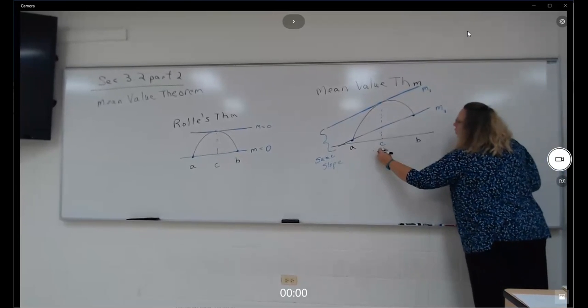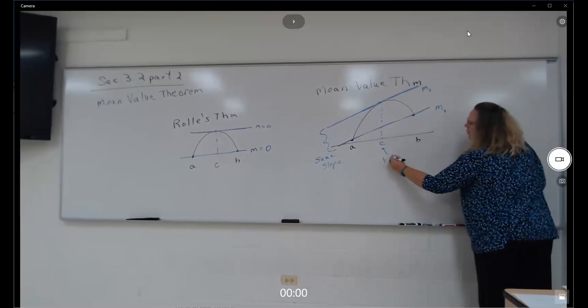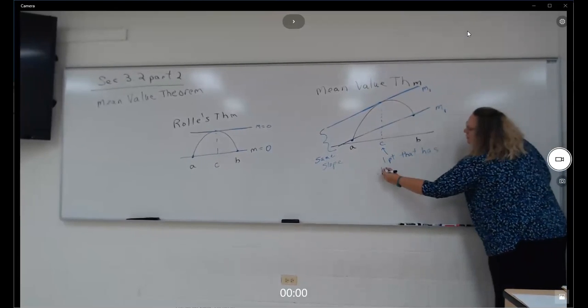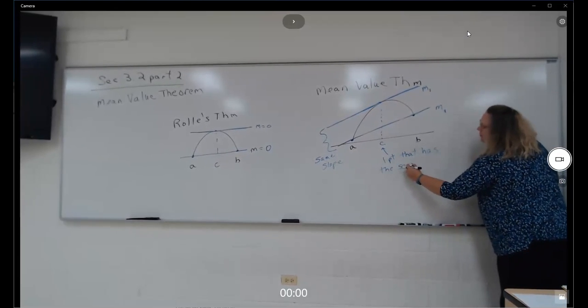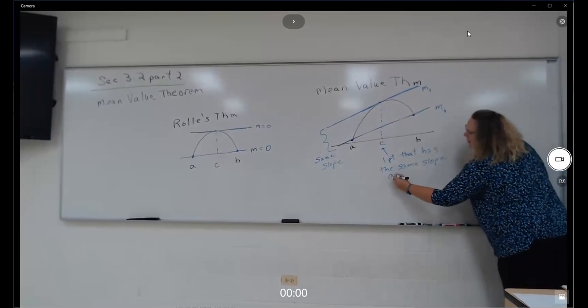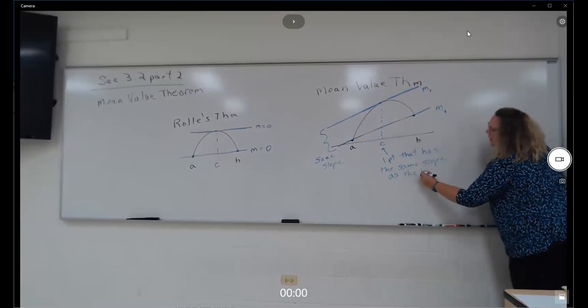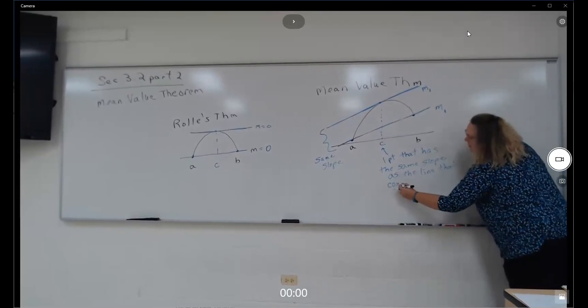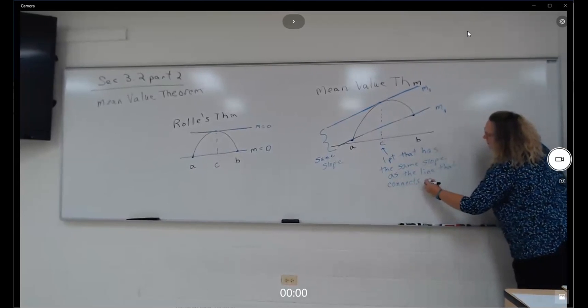C is the one point that has the same slope as the line that connects the endpoints.